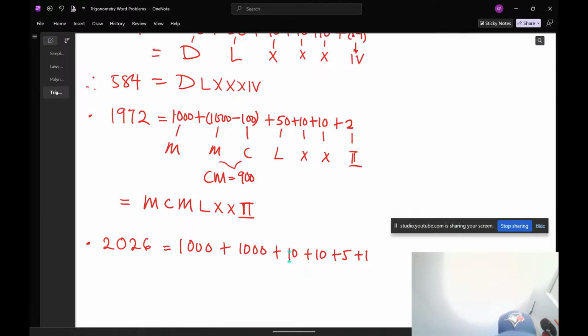So 1000 plus 1000 will give us 2000. 2000 plus 10 will give us 2010, plus 10 will give us 2020. 2020 plus 5 is 2025, plus 1 is 2026.